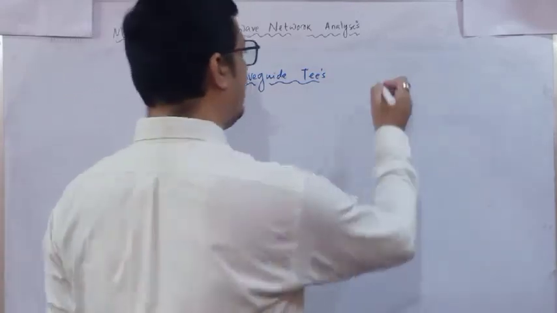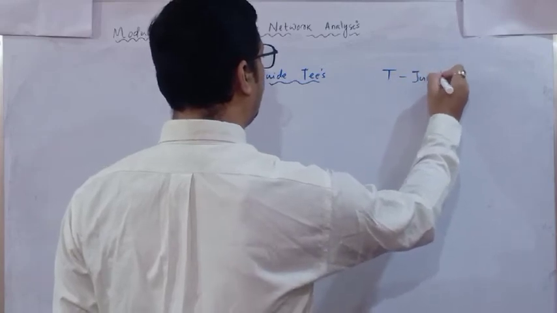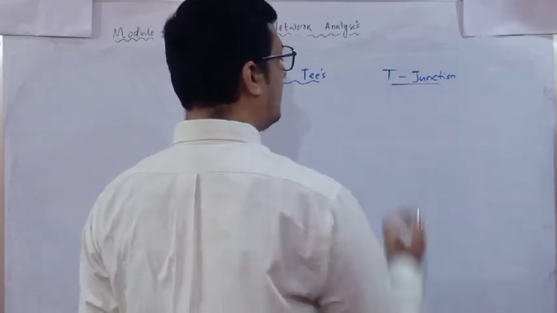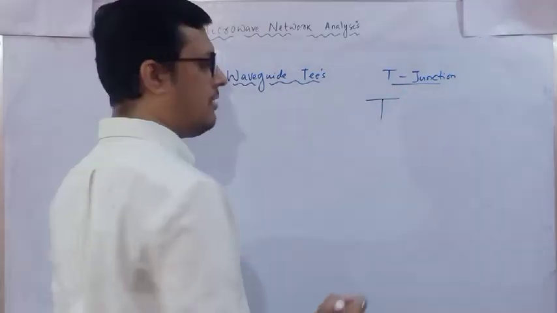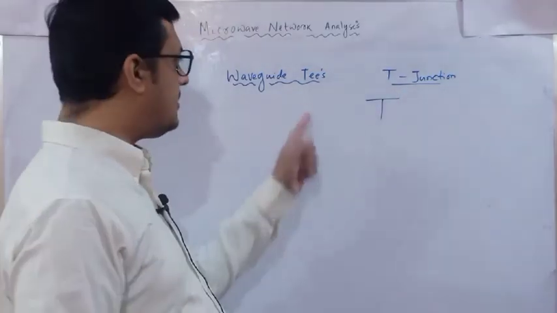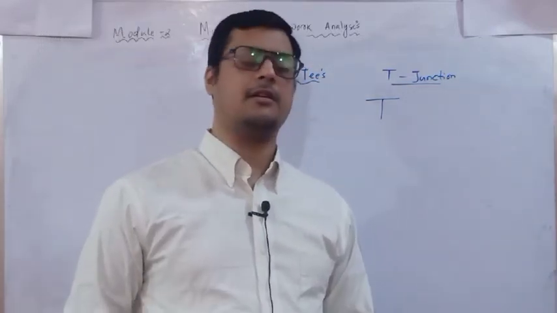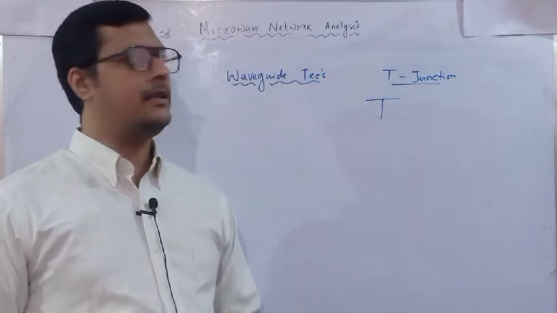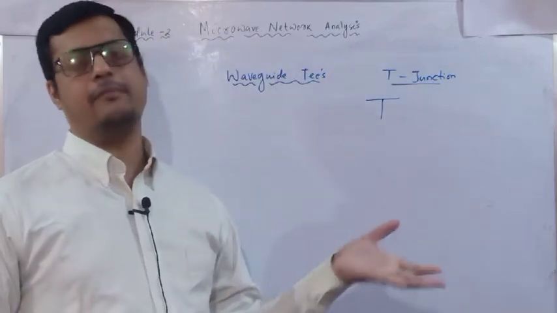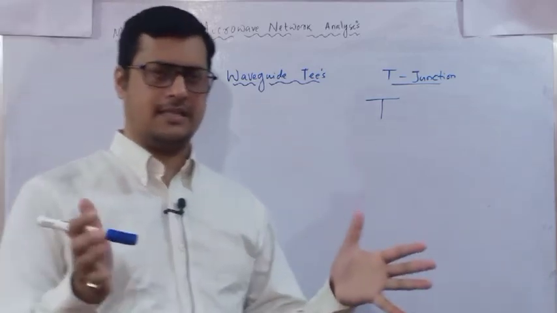This is called a T junction; this T indicates that it is a T junction, and the representation will be in the form of a T. This T depends upon the waves. We have to judge the working principle of the T junction depending upon the nature of the input wave that is provided. Since it is a waveguide, it is a device.